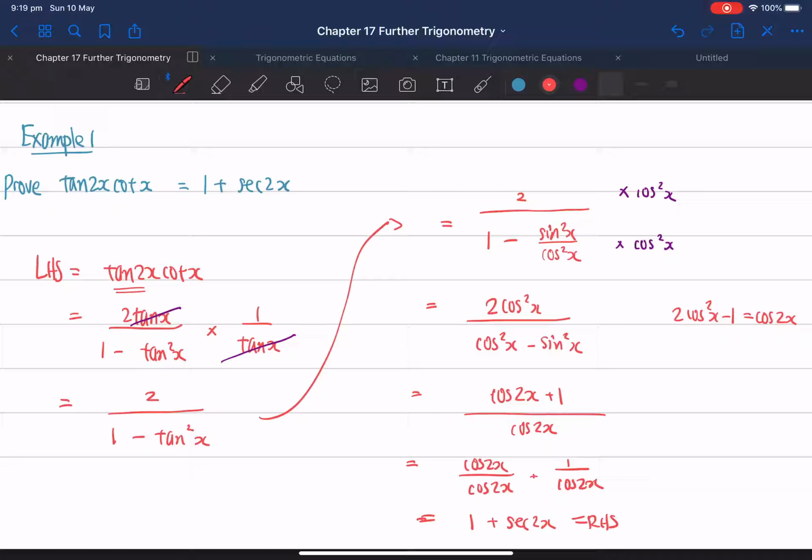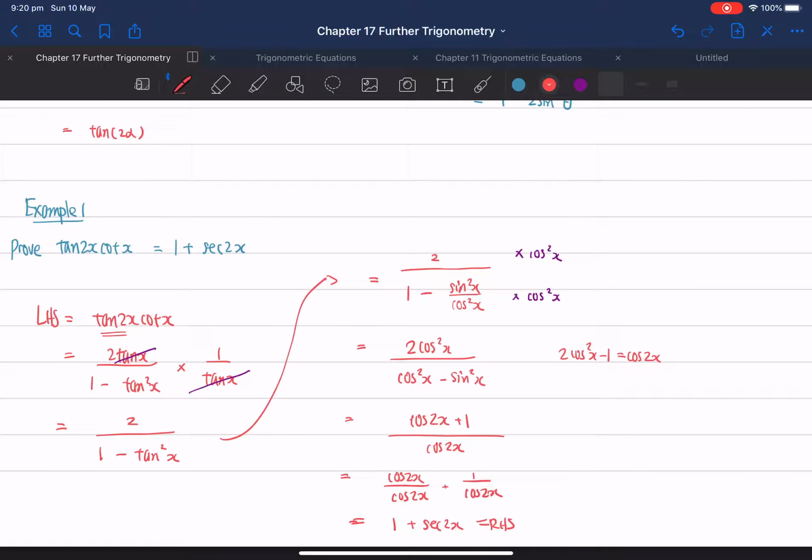When I was a student, I always sort of feared trig identity questions because you just don't know where to start and which formula you're going to use. And as you can see, even for this question, I sort of needed to use the right-hand side to help me prove the left-hand side. So yeah, it's a hard question. But again, the more exposure you get to the questions, it's all about the 2 E's, exposure and experience.